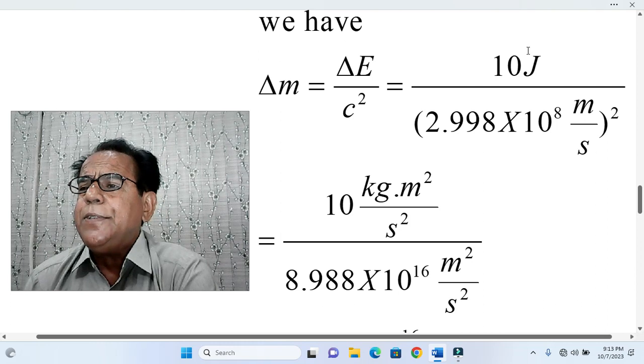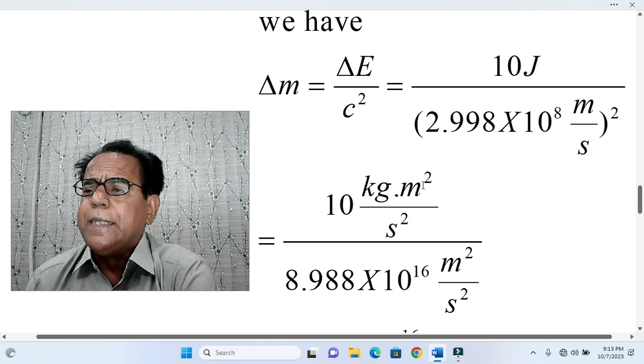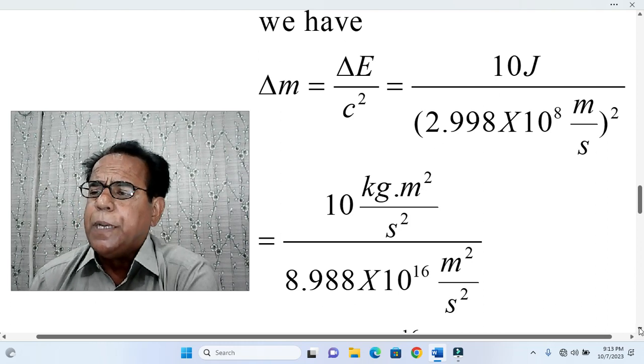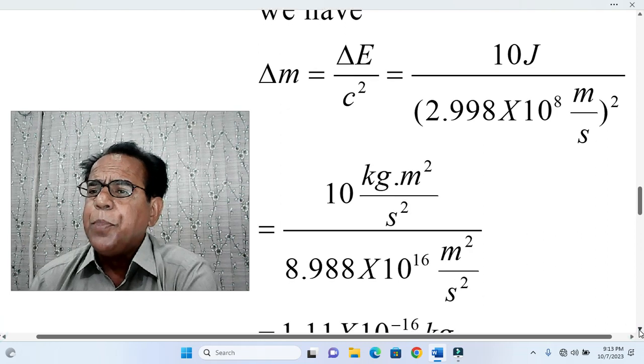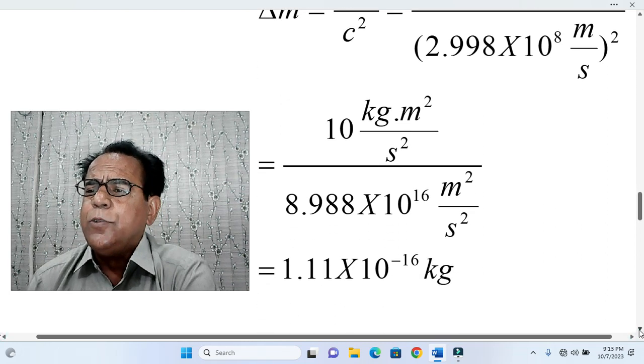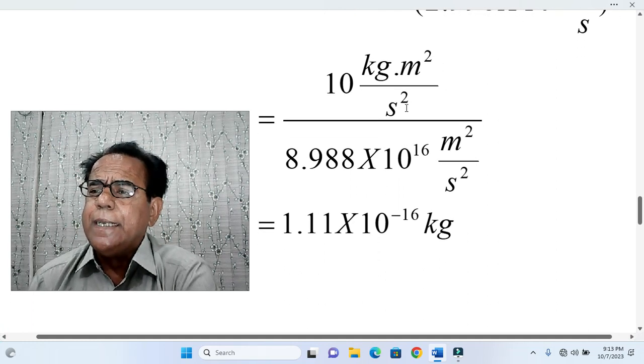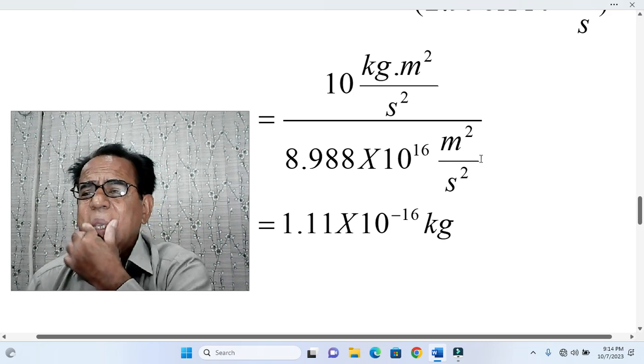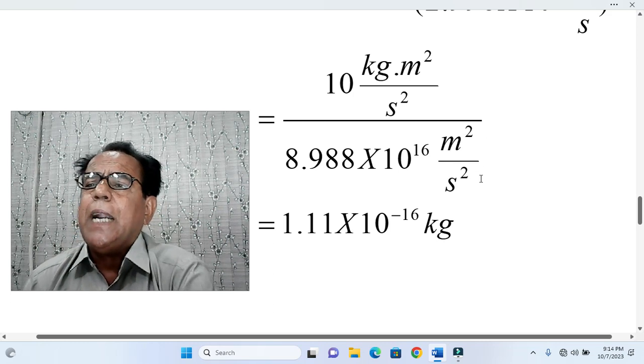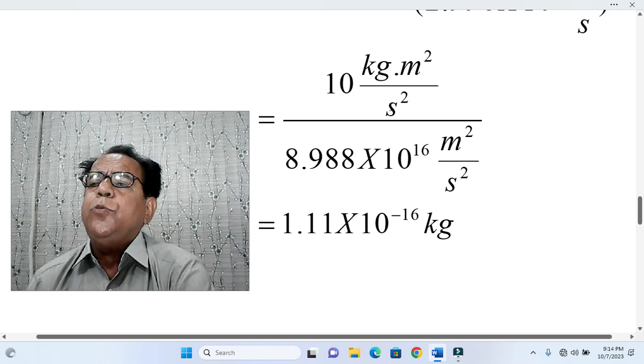We know that joule is equal to kilogram meter square per second square. So in place of joule we have used its alternate units. Now the meter square over second square in the numerator will cancel with the meter square over second square in the denominator, and we will be left only with the unit kilogram.